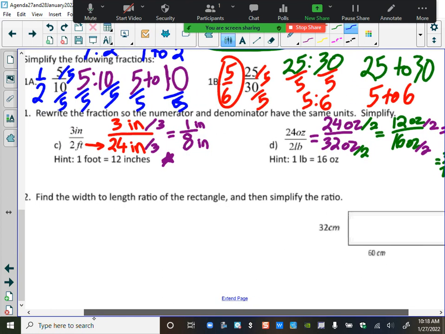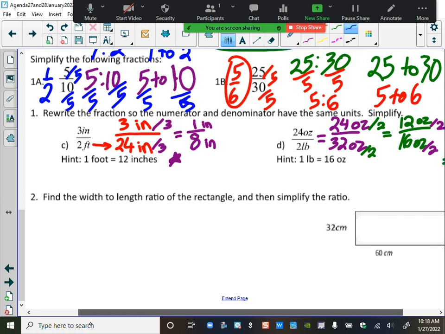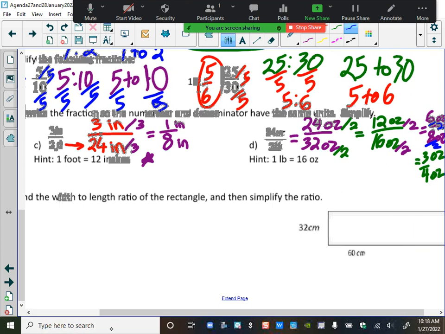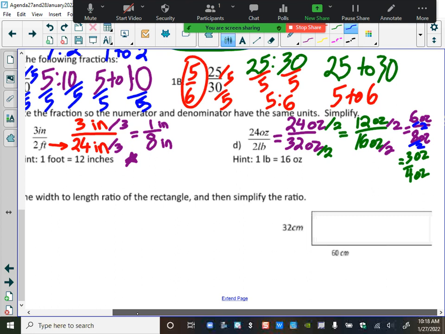I don't know why the screen's acting funny. All right, let me. Okay, yeah, I think this part got chopped a little. This rectangle, back. I'm gonna rewrite it over here so that we can see it on one screen a little bit better.